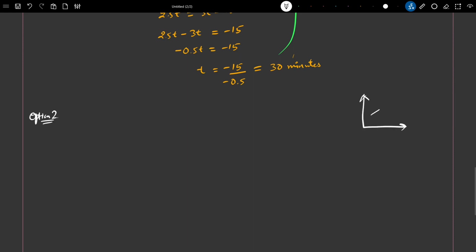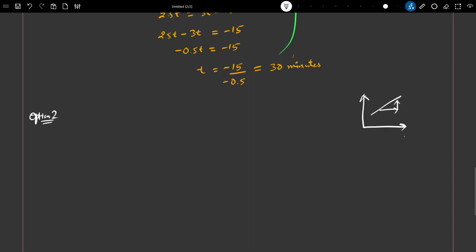I want to tell you that if this is a line, so change in y by change in x, this is the slope of the equation, and the steepness will tell us the slope of the line, right?